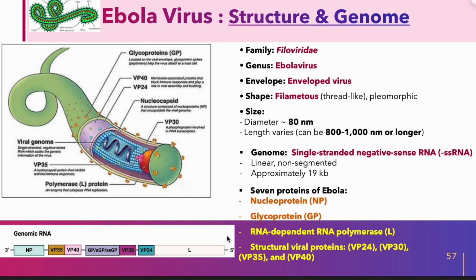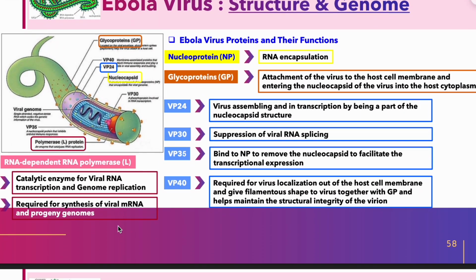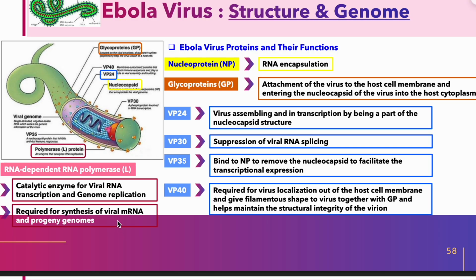And also you can see the structural viral proteins such as VP24, VP30, VP35, and VP40 that we'll talk about next in this slide. Okay, so what is the role of each? VP24 is for virus assembly. It's a part of the nucleocapsid structure.